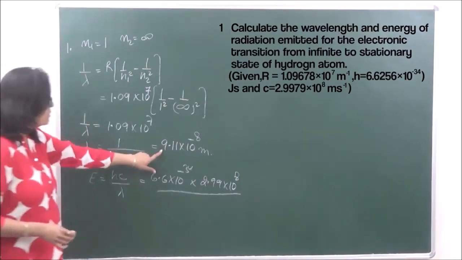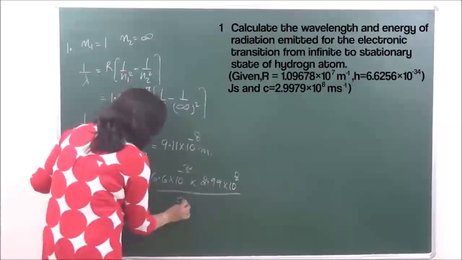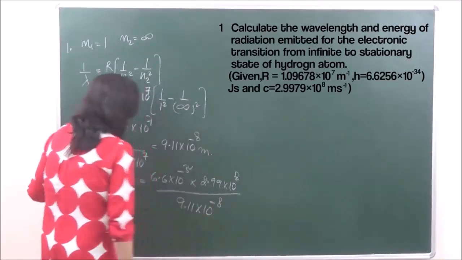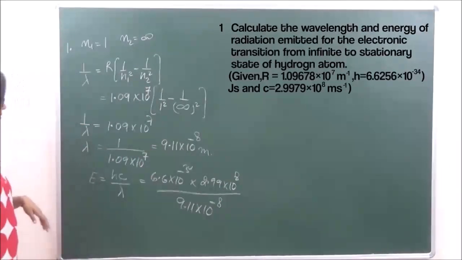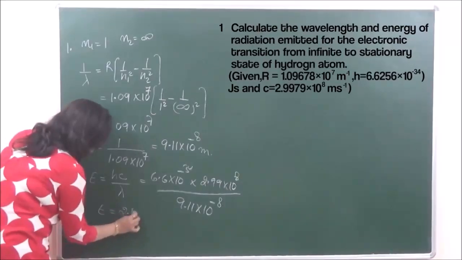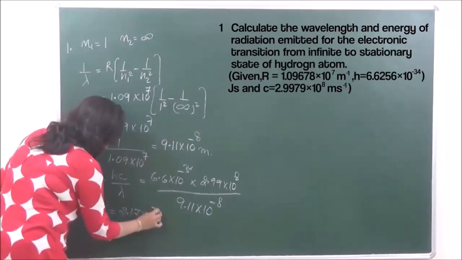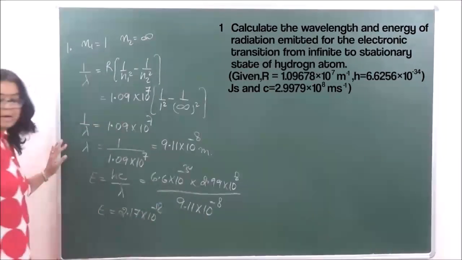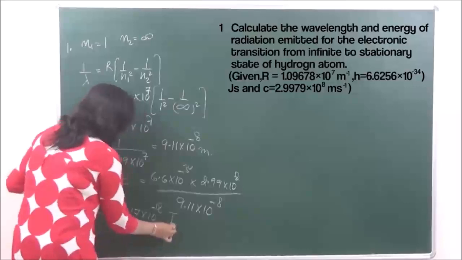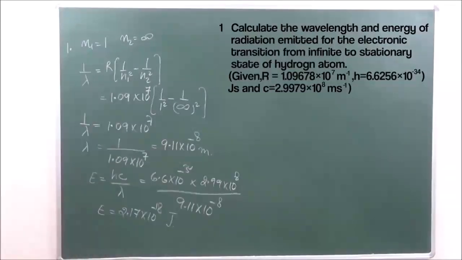The value of lambda can be taken from here. It is coming as 9.11 into 10 raised to the power minus 8. Right? So when we calculate this, E comes to 2.17 into 10 raised to the power minus 18 joules.